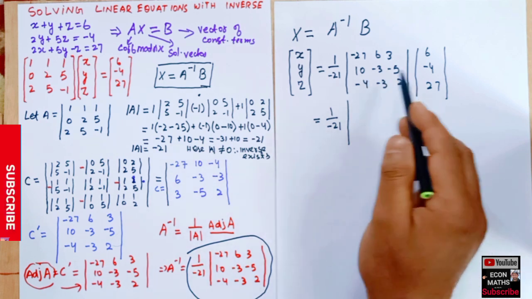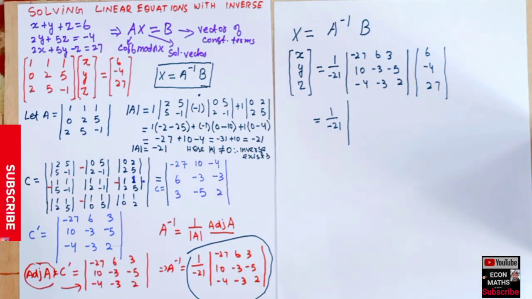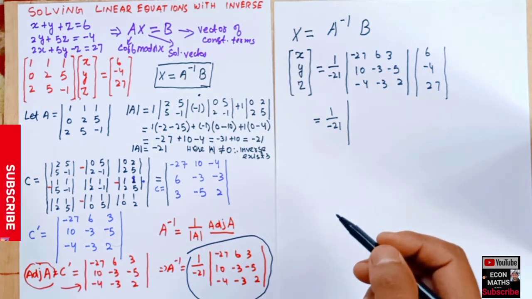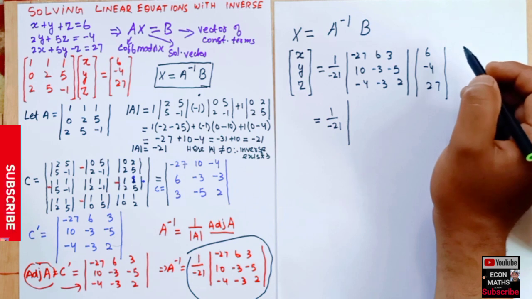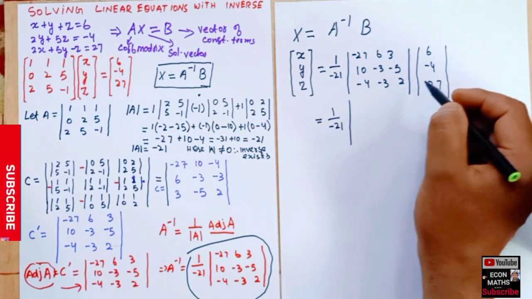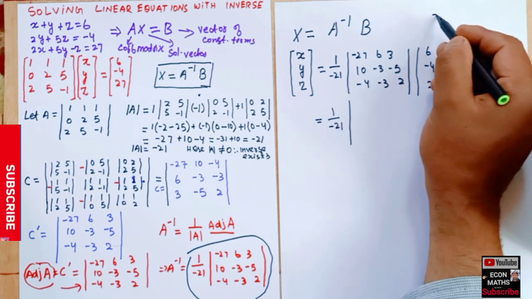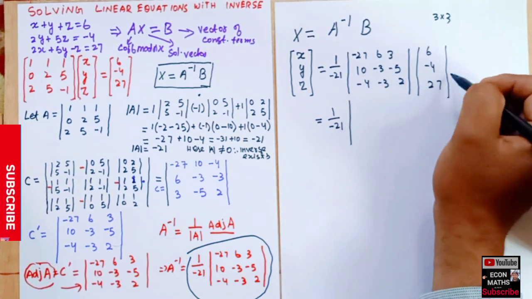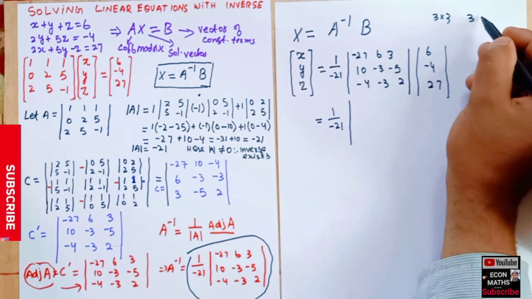Now multiplying these two matrices. We can multiply these two only when they satisfy the condition that the dimension of this matrix is 3 by 3 and the dimension of this matrix is 3 by 1.